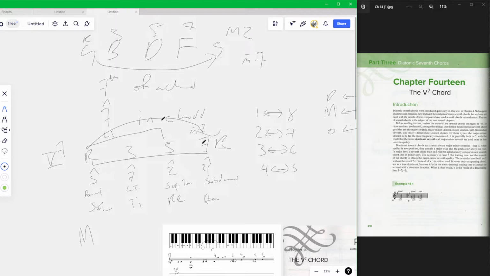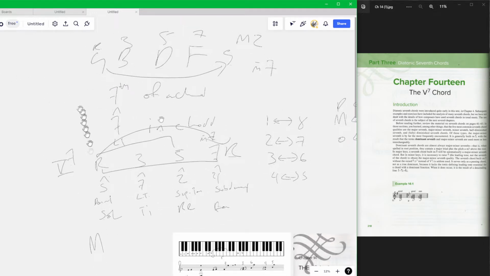That's going to lead you down a wrong path, especially when you start dealing with diminished triads, like you will in chapter 16 in secondary leading tone chords, where you have to determine whether what you have is a half diminished or a full diminished. But anyway, I digress. So this is the 5-7 chord, right? We know what's in it. Sol, ti, re, fa.